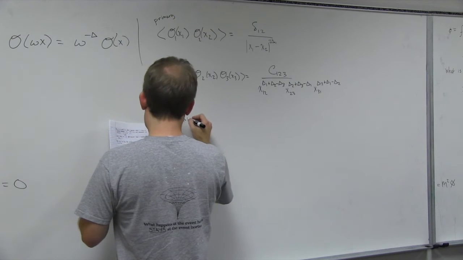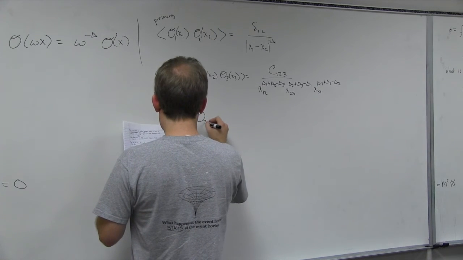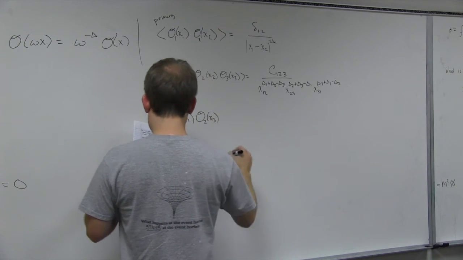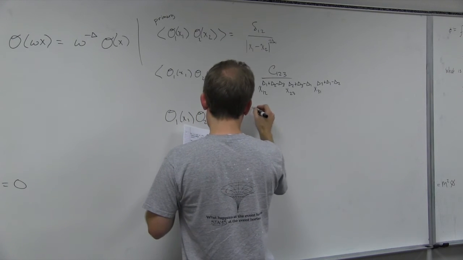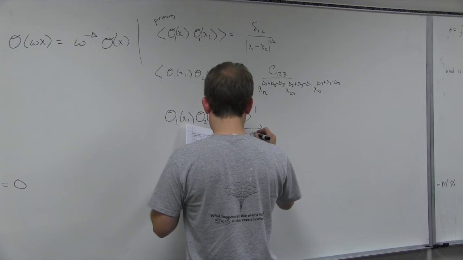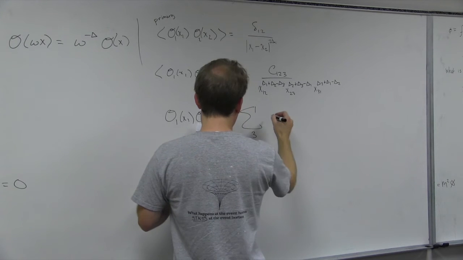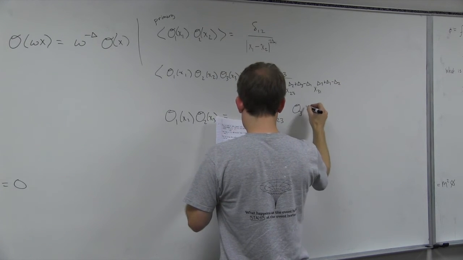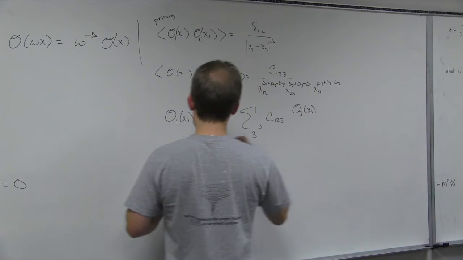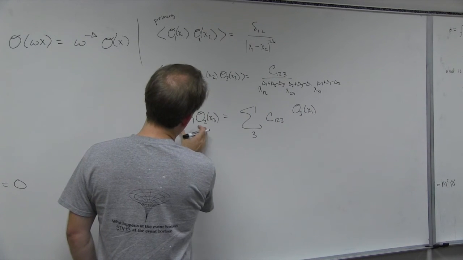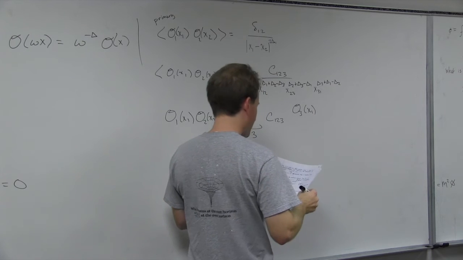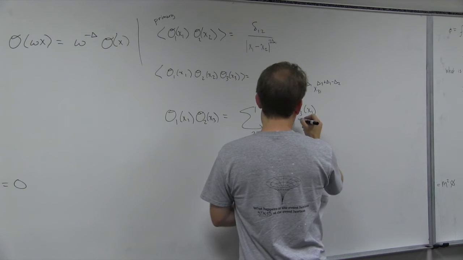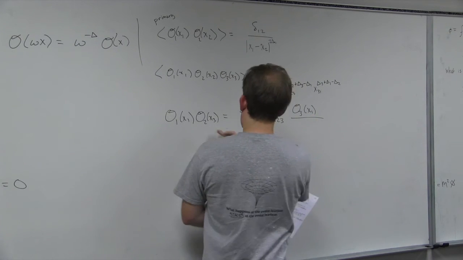In particular, it has a finite radius of convergence. So I'm being schematic here. I hope you all can figure out what I mean. But it allows you to take a product of operators and rewrite it as a sum over operators evaluated at one point. So these are at two different points.